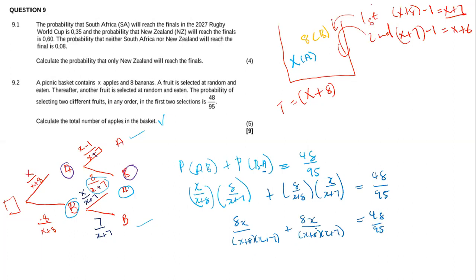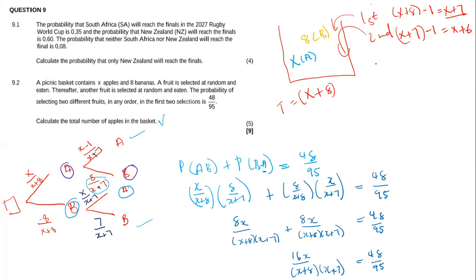The denominators are the same, so we add the numerators. 8 plus 8 gives 16x over x plus 8 times x plus 7, which equals 48 over 95.